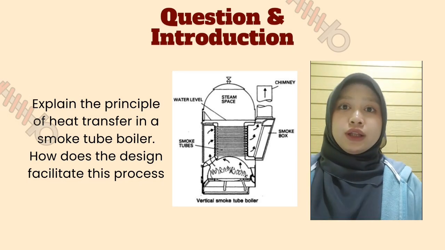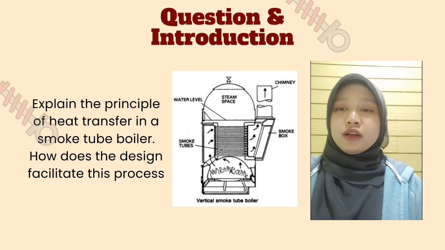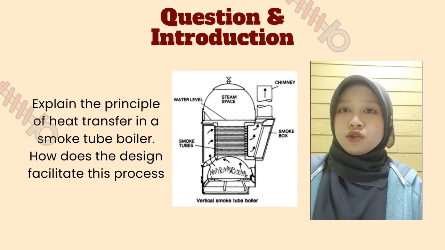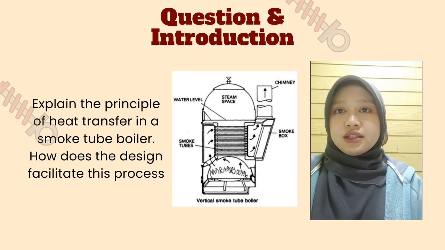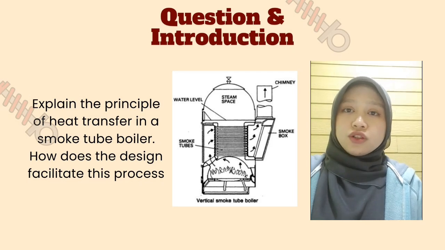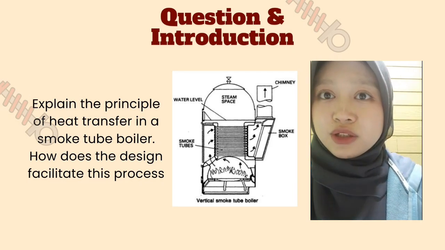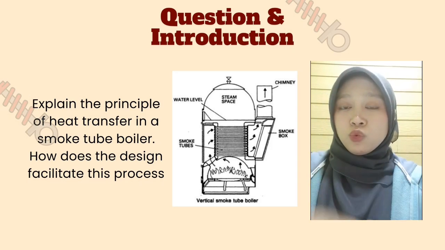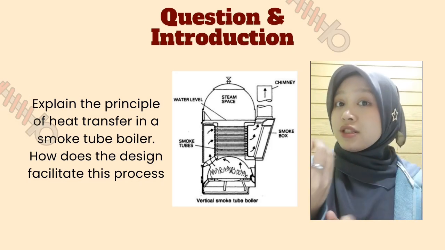The smoke tube boiler, sometimes called a fire tube boiler, is a workhorse in marine and industrial applications. Its deceptively simple design relies on maximizing the transfer of thermal energy from hot combustion gases to water, turning it into useful steam.